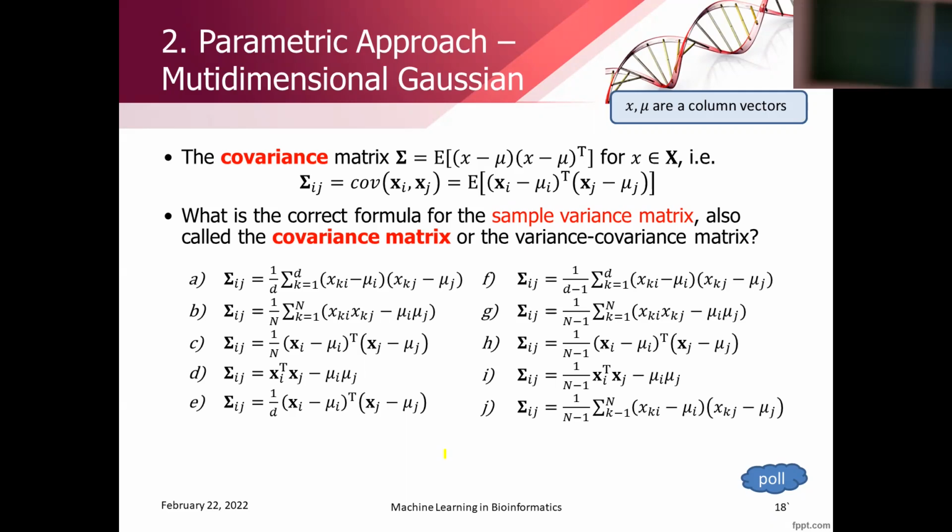F, G, H, I, J. And what about B? Why? So you mean that it's wrong because there is not x i minus mu i times... Actually, it's almost correct.